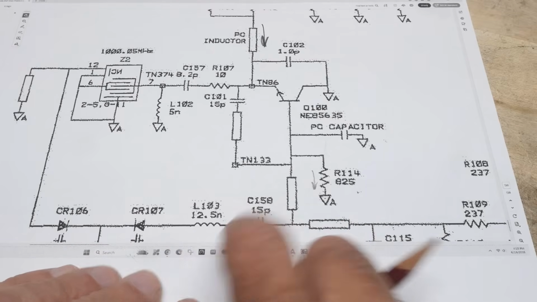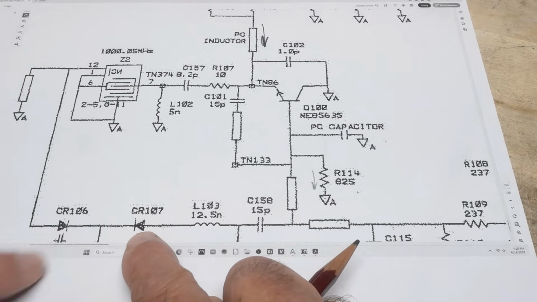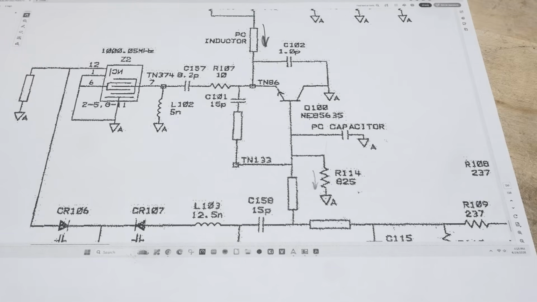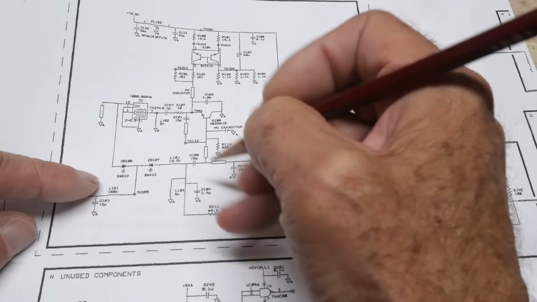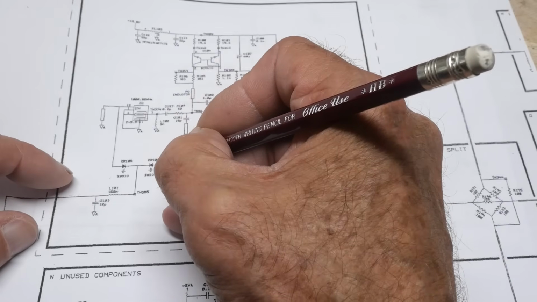Down here are the tuning capacitors. I've cut off part of the circuit here. So we have the tuning capacitors, and basically they go to ground this way.